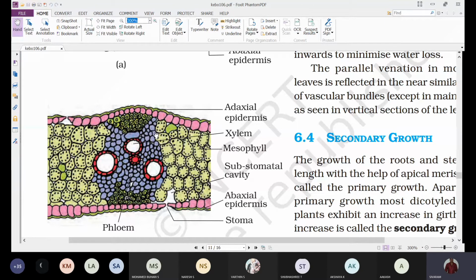Next, we can observe here the vein which is showing the vascular bundle, with the xylem and the phloem.